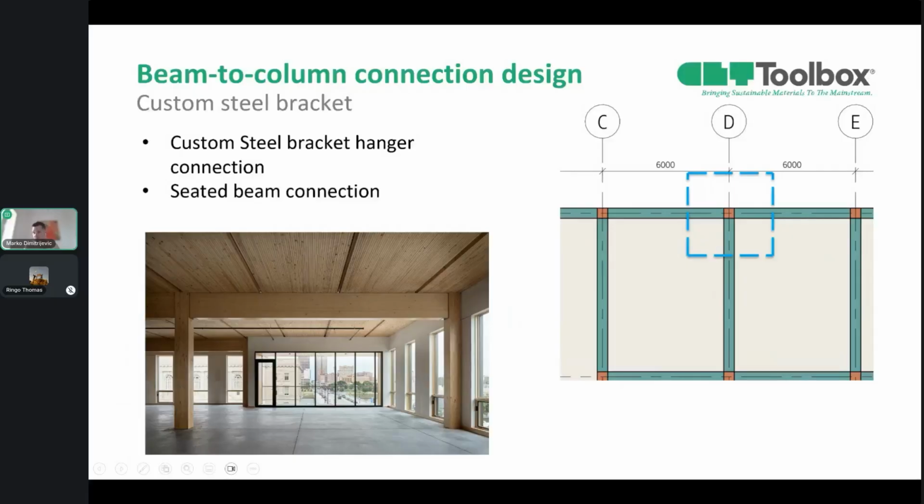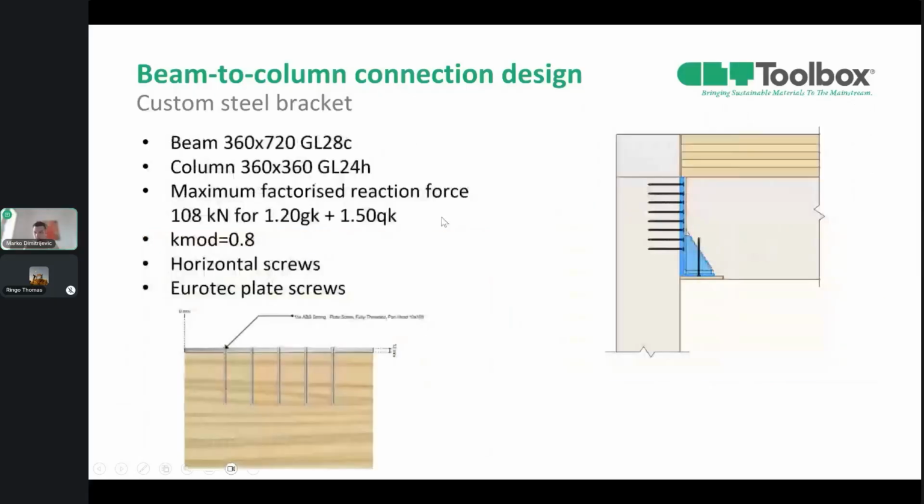In this case, we have a hanging GLT beam that we need to connect on the side to a GLT column. We can use a variety of proprietary products, but in some cases, custom steel connections are the best solution. This could be because of architectural requirements, high reaction forces, or other reasons. But in this case, we'll try to design one of these connections.